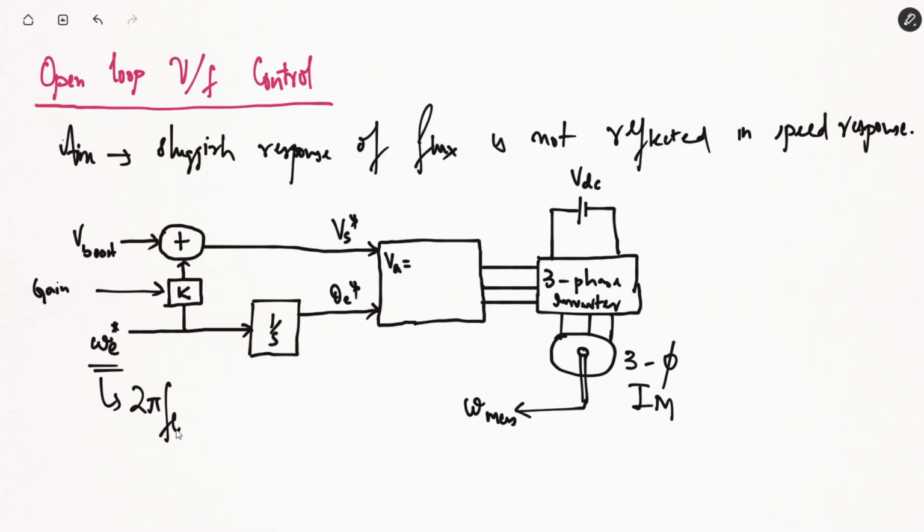Using that gain k we will derive this voltage V star in such a fashion that the ratio V by F remains constant. So the job of this gain K is to make sure that the V by F ratio remains constant.